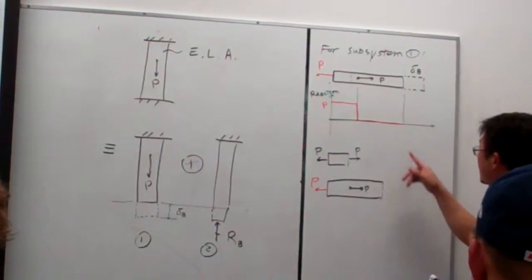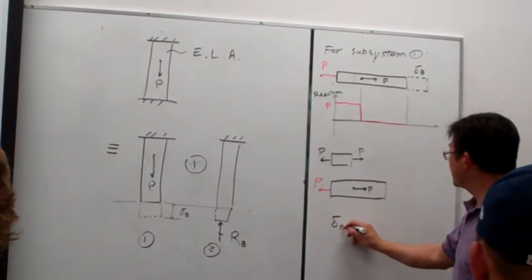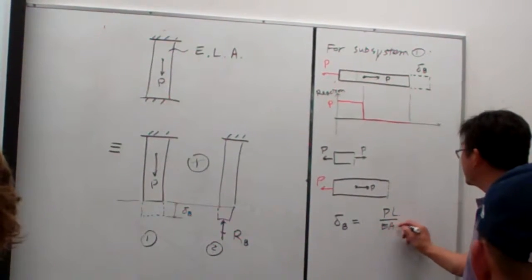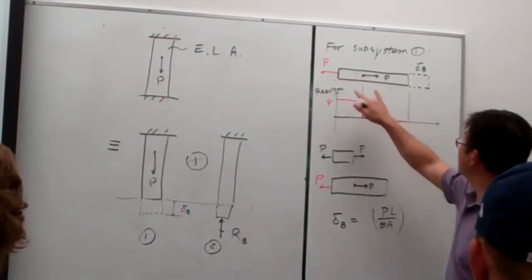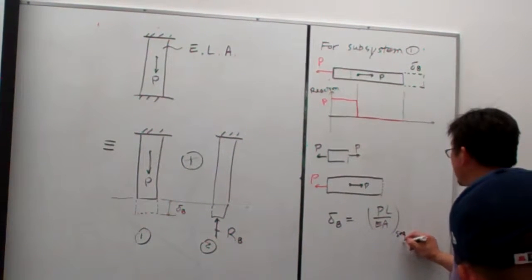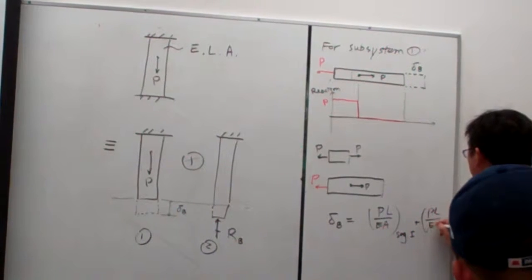Okay, so in this case, we can work on the delta B, which will be equal to PL over EA, our generic formula. And here we have two segments. For segment 1, plus PL over EA.